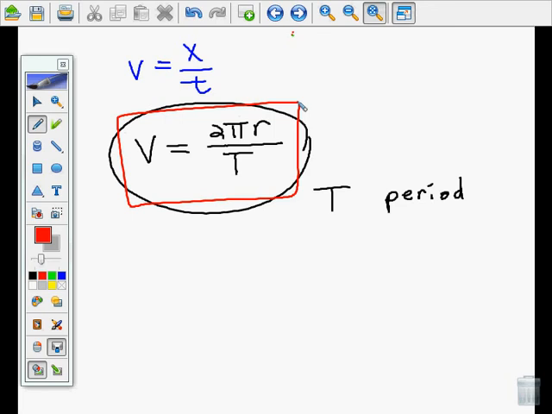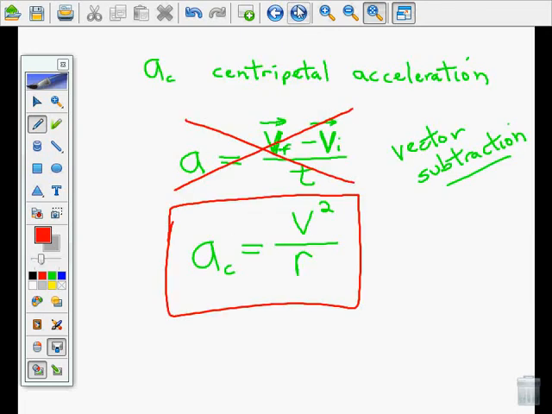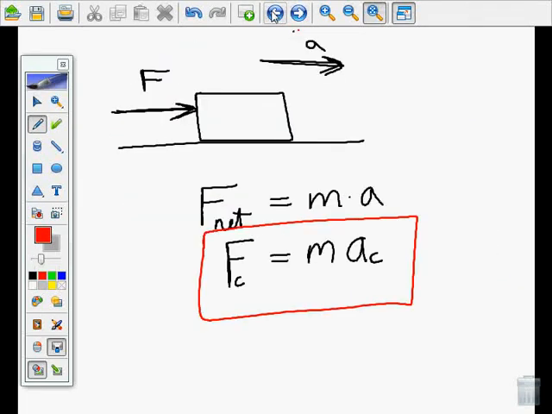You want to calculate the acceleration? New formula altogether to avoid vector subtraction, v squared over r. And if you want to calculate the force, F sub c equals m a sub c. Those are the 3 main circular motion formulas.